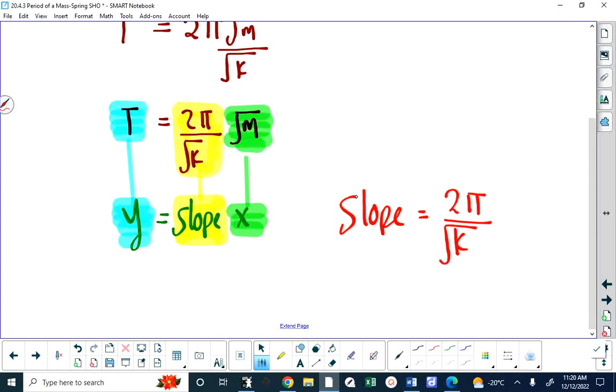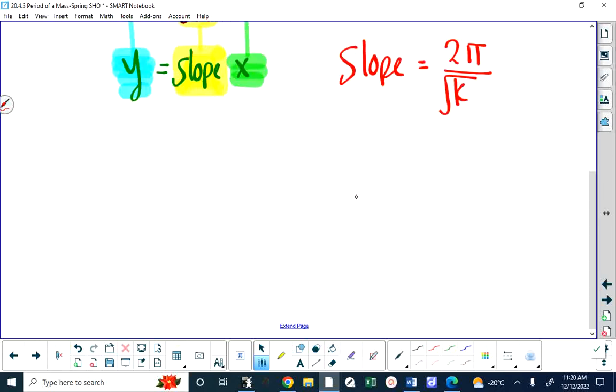So let's imagine for a slope, you got 0.38 seconds per square root of kilograms. Why are you going to get those units for the slope? Because slope is found by taking y coordinates minus y coordinates, which will give you seconds, over x coordinates minus x coordinates, which will give you root kilograms.